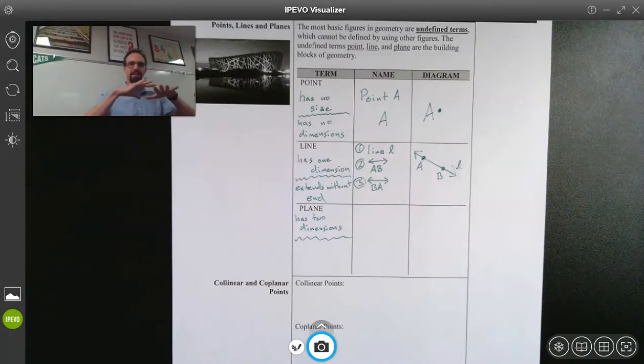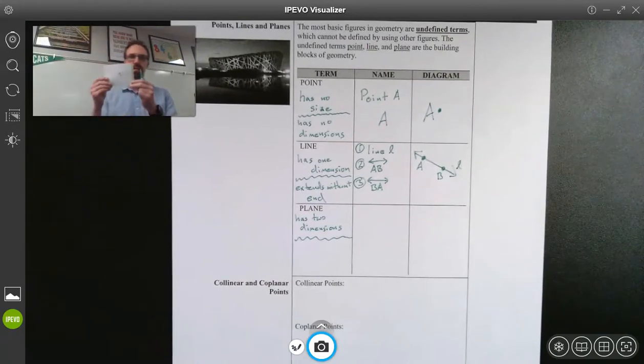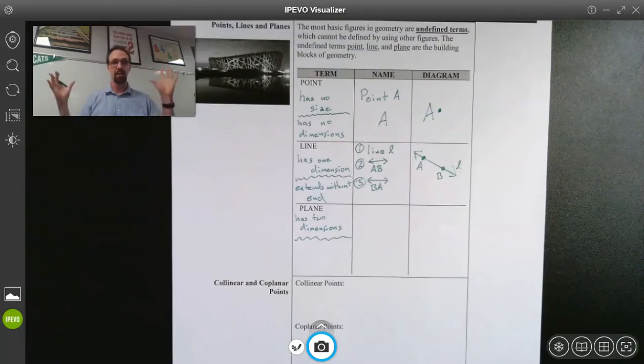A way of thinking about that is, think about a piece of paper. If I have a piece of paper and that's extending without end, then it has two dimensions. Imagine, if you will, this continues on forever. A whiteboard that's behind me, imagine if this continued on forever. That's an example of a plane. It extends on forever without ending.